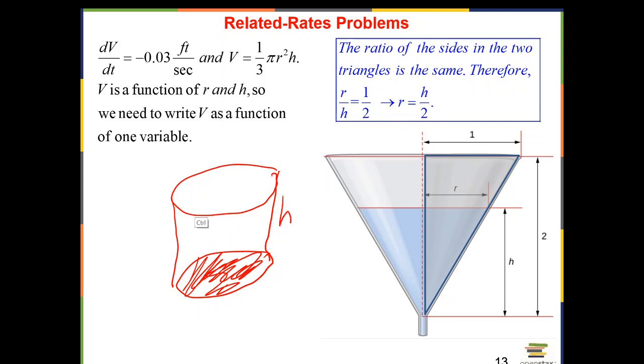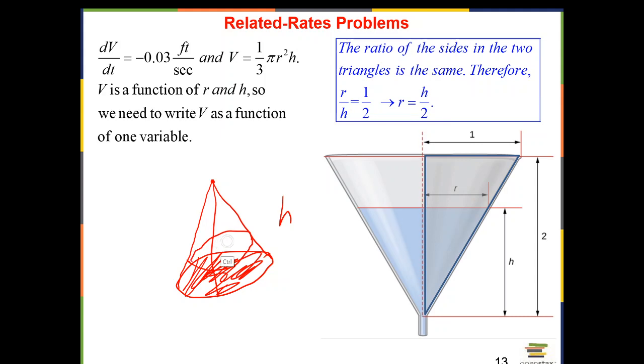Now instead of having that circle, if we have a point right here, and then connect to all corners, of course this has an infinite number of corners. If I connect to all of these, obviously we get what? We get this funnel.